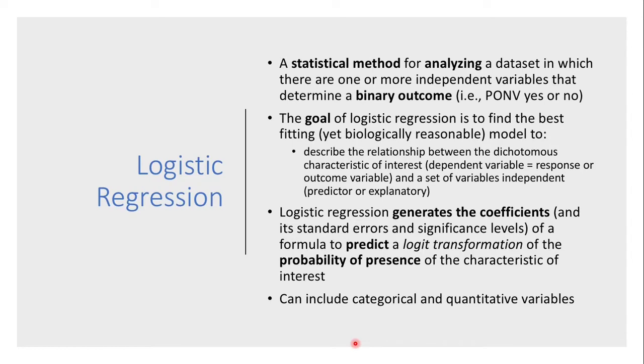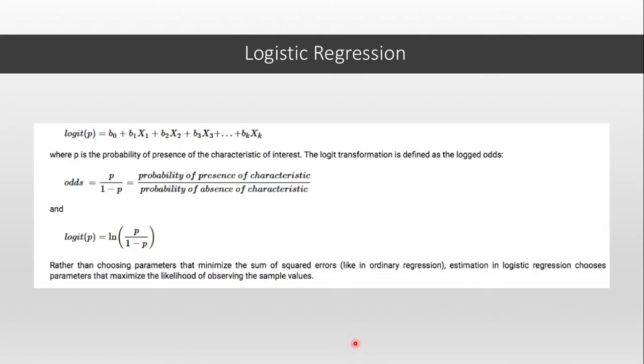It also has the same advantage as multiple regression in that you can include categorical and quantitative variables in your analysis. So here's just an example of what a formula would look like. It's taking the logit probability, which equals the intercept plus the slope of the different regression coefficients, plus it also includes an error term.